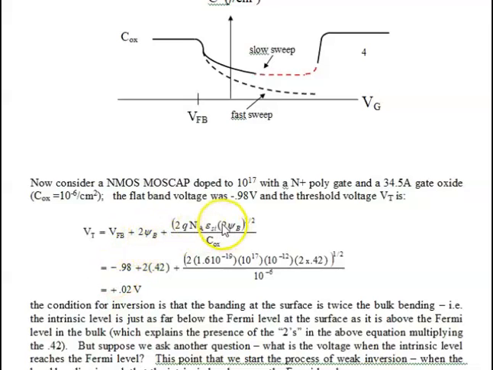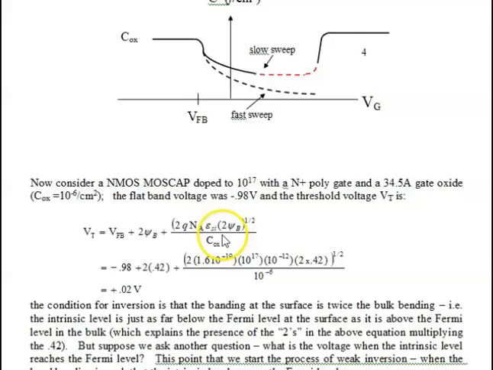We use 2 phi-B, where phi-B is the bulk potential in the P silicon. If it's 10 to the 17th, that's 0.42, and 0.42 times 2 is 0.84.